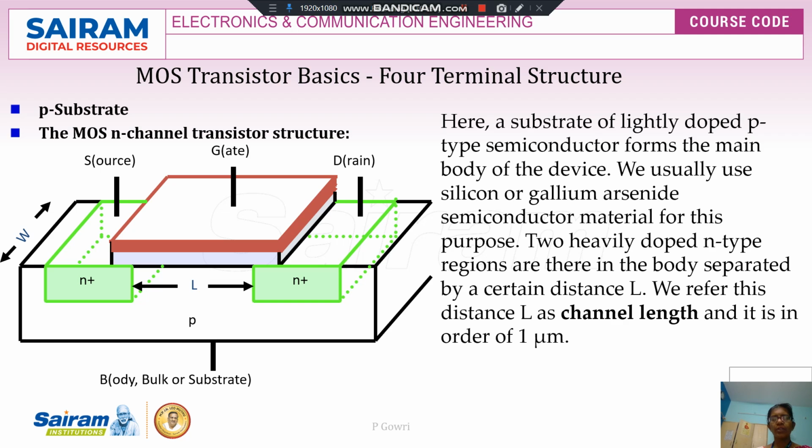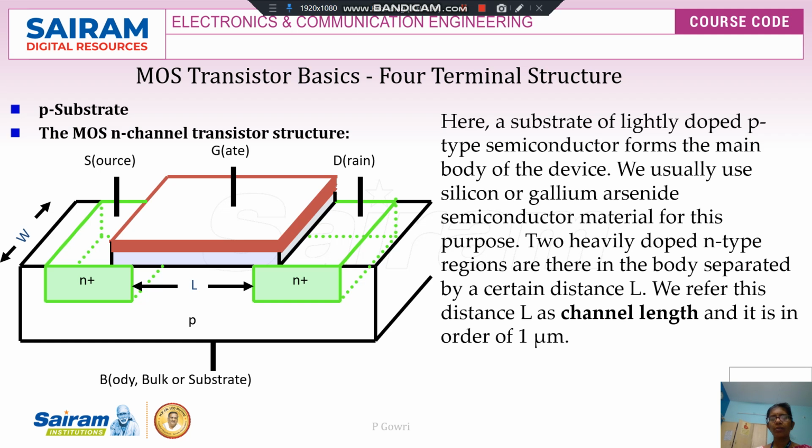Since there is a channel between the N regions, it is called an N-channel transistor. Similarly, for a P-channel, we will have an N-type substrate with heavily doped P material. There the channel is P type, and hence it is called a P-channel MOSFET.